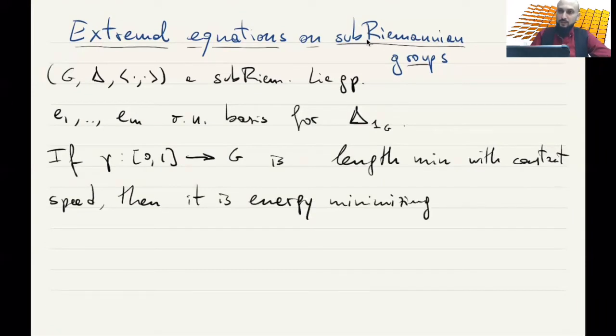So the differential of the extended endpoint map is not surjective.